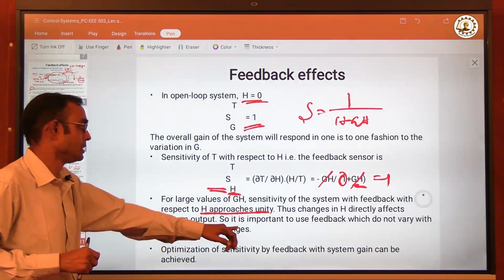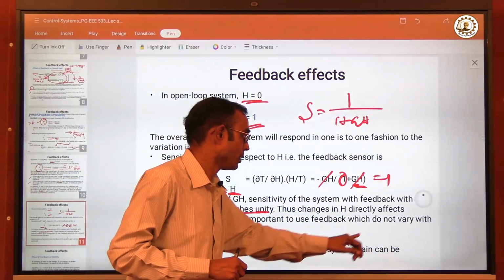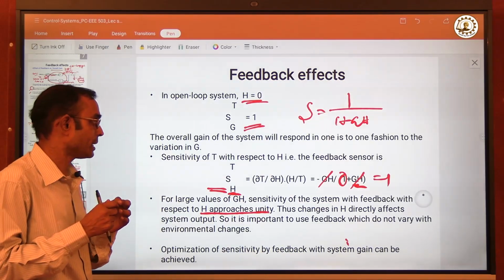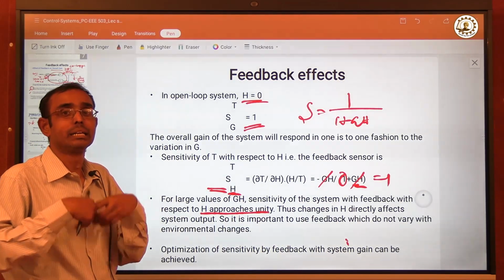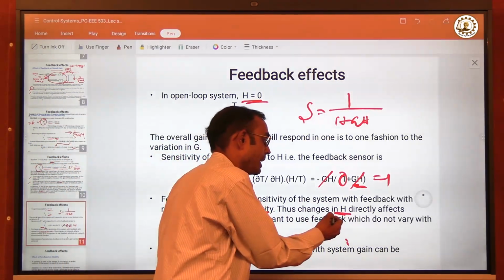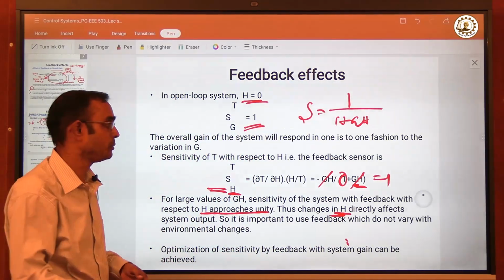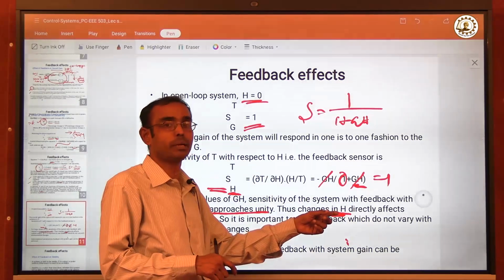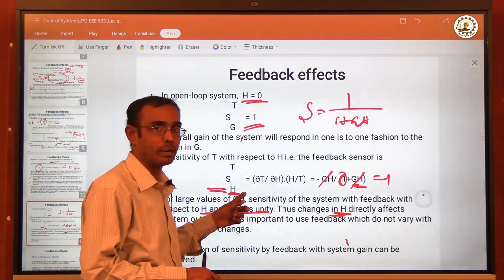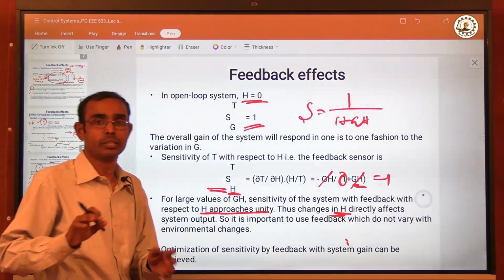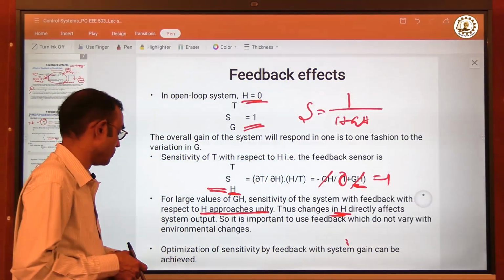So it is important to use feedback that does not vary with environmental changes, because environmental change will directly impact the value of h, and if that happens, the sensitivity analysis with respect to h will come out as 1, which is not good for the working of the system.